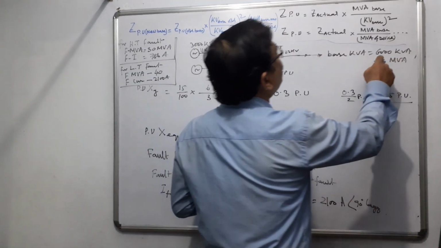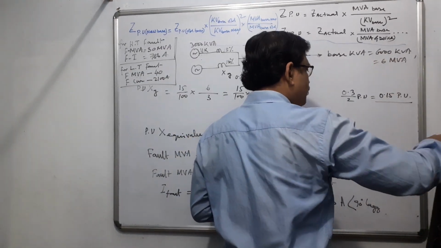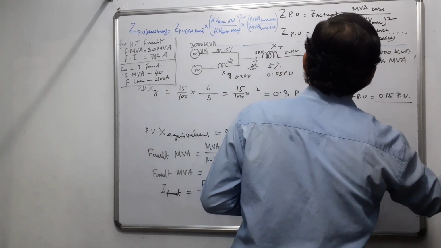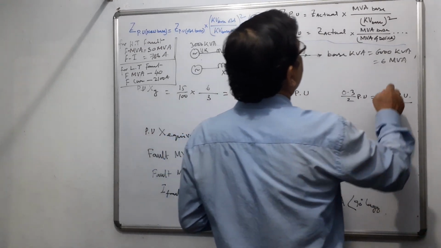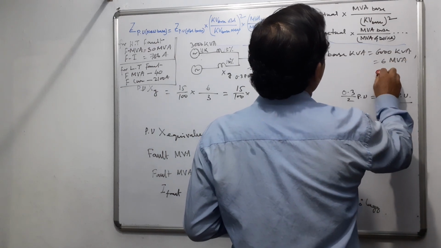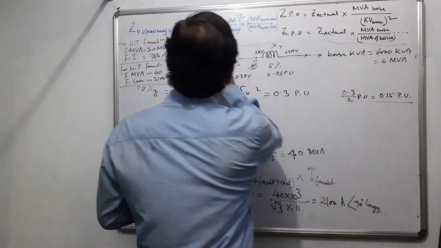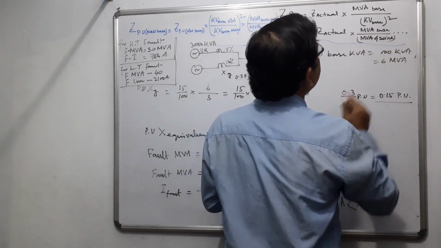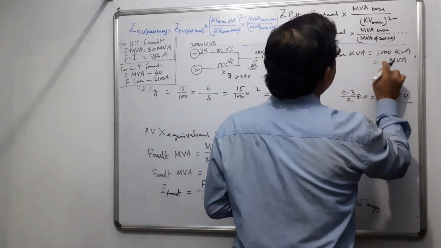Now we will see if the fault kVA base is changed. Instead of 6 MVA, it can be selected as 3000 kVA. That means if it is 3000 kVA, then the base is 3.